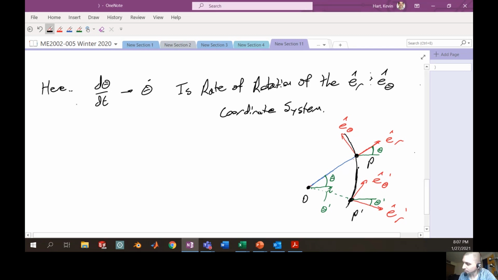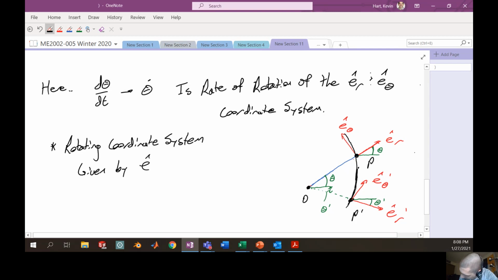So my point is that the rotating coordinate system given by E hat R and E hat T rotates at the same rate, or has the same angular change in time, as what you see here at this particular change in angle.